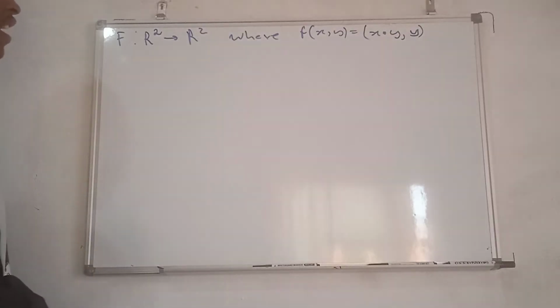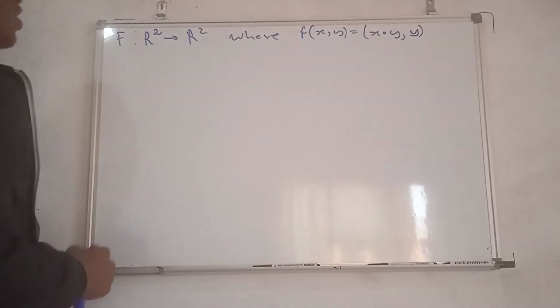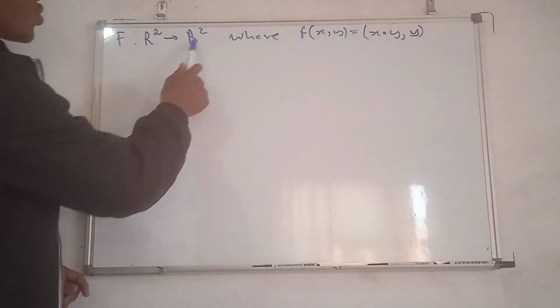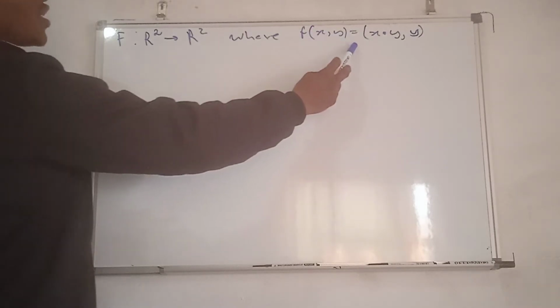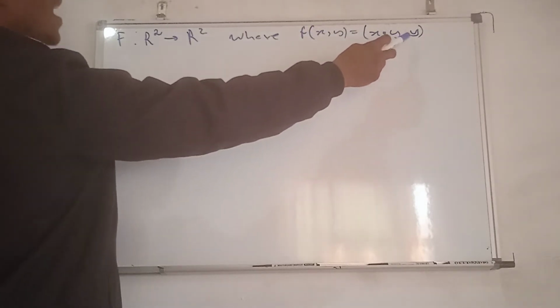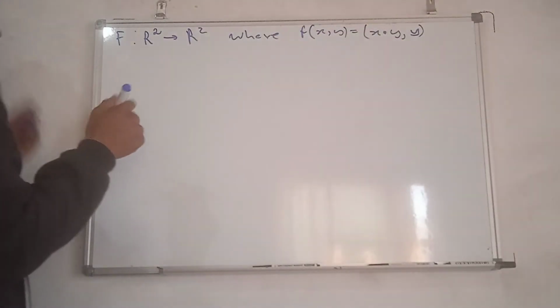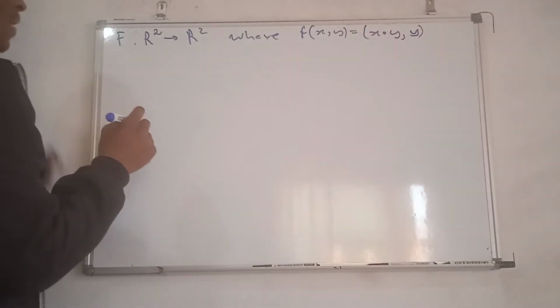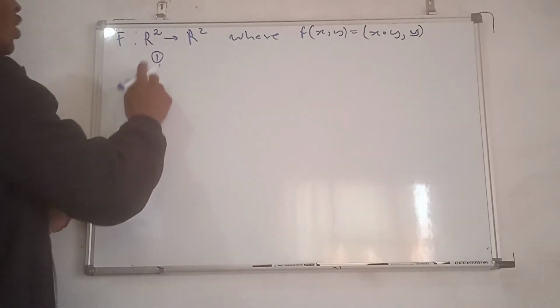So guys, let's take another example. Suppose that we are given f, which maps R to the 2 dimension, where f(x, y) is equal to (x times y, y). I told you that in order for something to be a linear map, it has to obey 2 conditions.